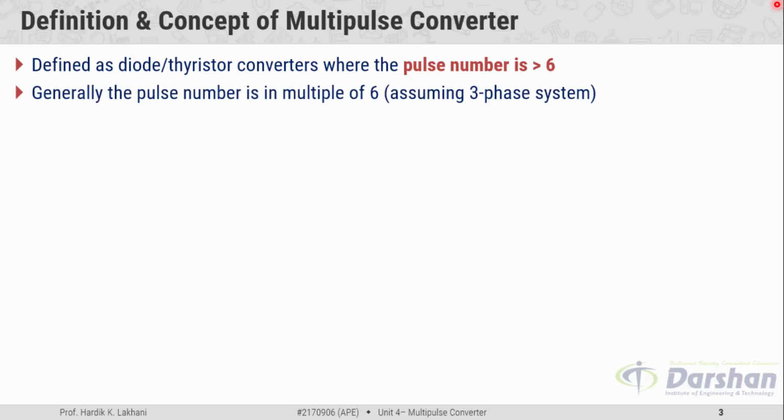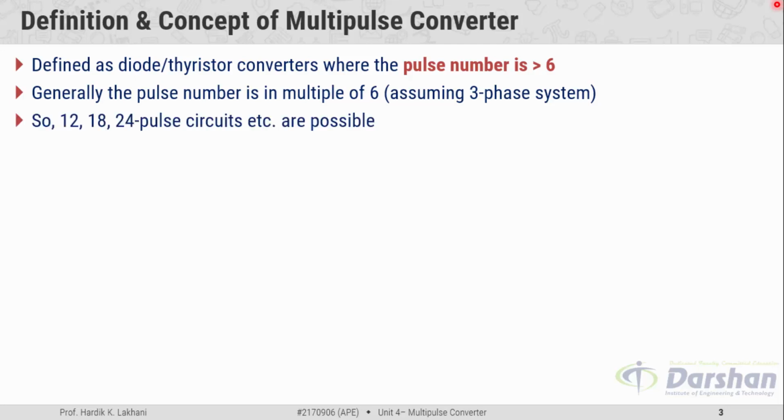A three-phase rectifier produces 6 pulses in the output waveform. Because of that, that rectifier is known as the 6-pulse converter. But as per the definition discussed just now, we cannot consider the three-phase rectifier as a multipulse converter. The reason is that the number of pulses must be greater than 6 in the output waveform.